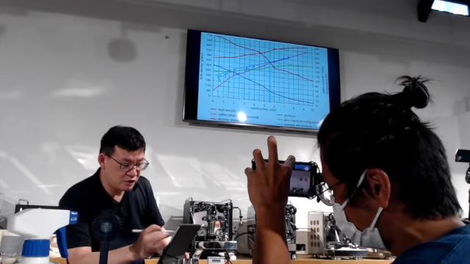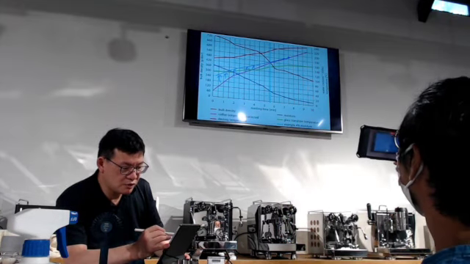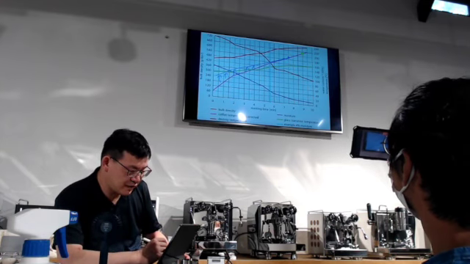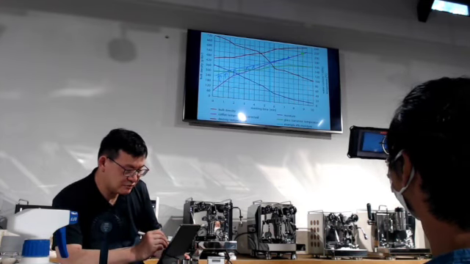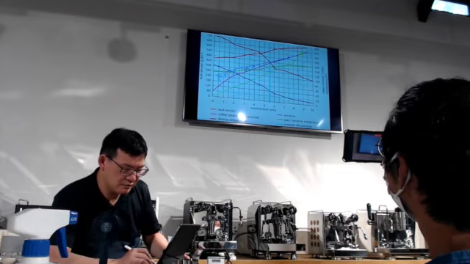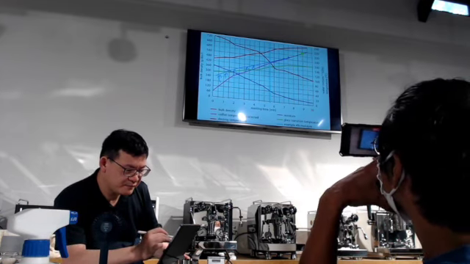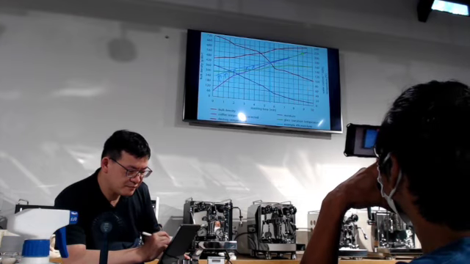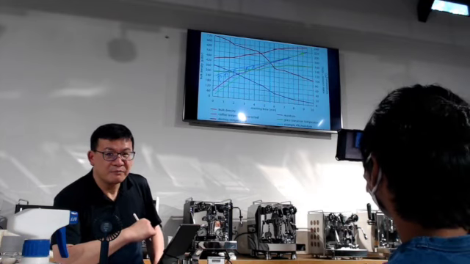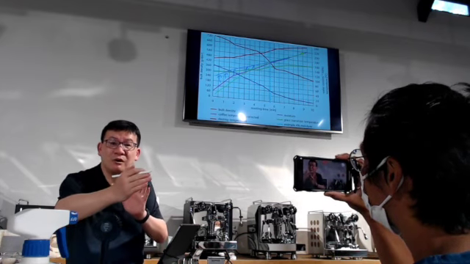If I want to do a dark roast, I will do the curve like this. Not like that. Because I know after first crack, there will still be a long way to go.